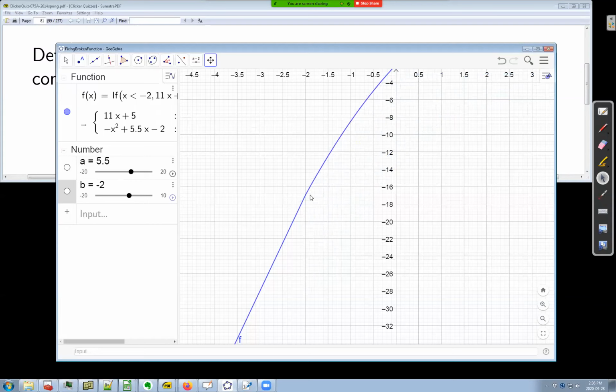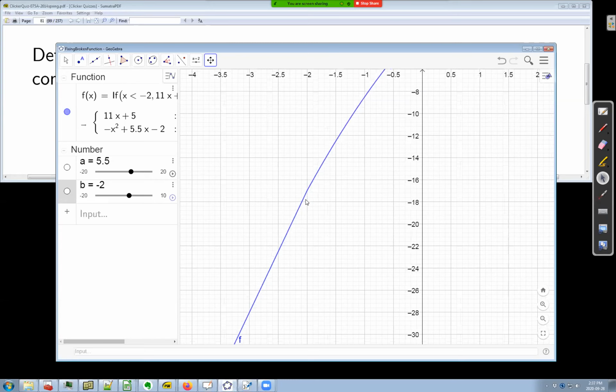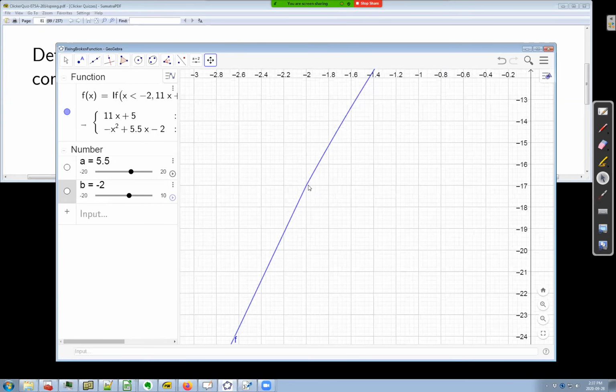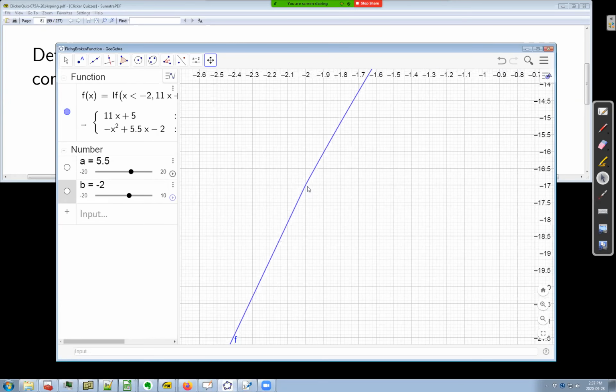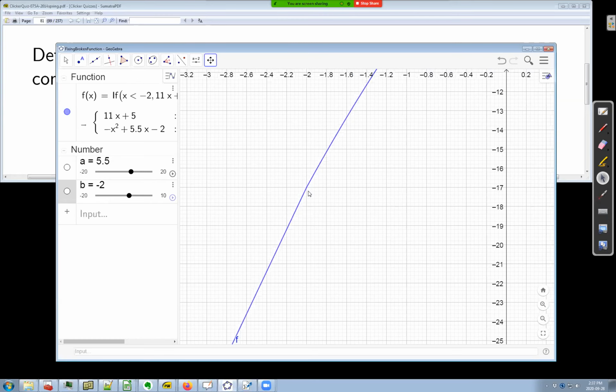Okay, now where they connect, right here at -2, it's an improvement. But again, I can't tell. If I zoom in a whole lot, maybe I could see a corner. Maybe there's a very small corner right there that is hard to detect with the naked eye.